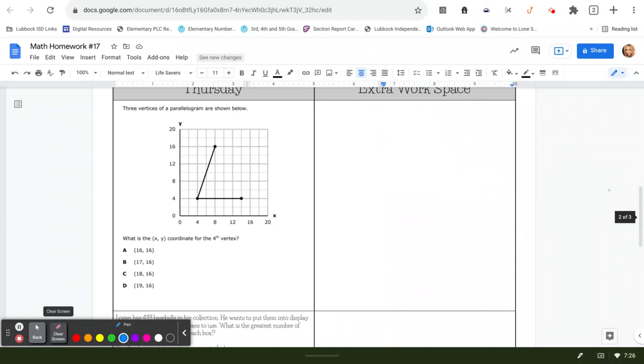Okay, the next thing we need to do is plot all of these points. So I'm going to start with A. I'm going to go over 16. I'm going to go up 16. I'm going to put a dot. I'm going to go over 17. That's going to be like here. And I'm going to go up 16.